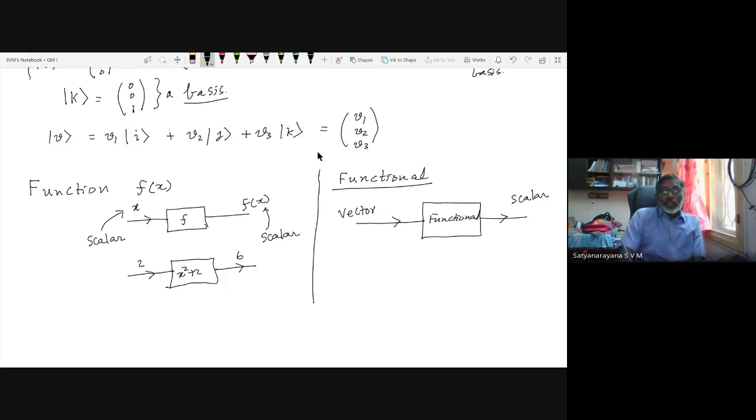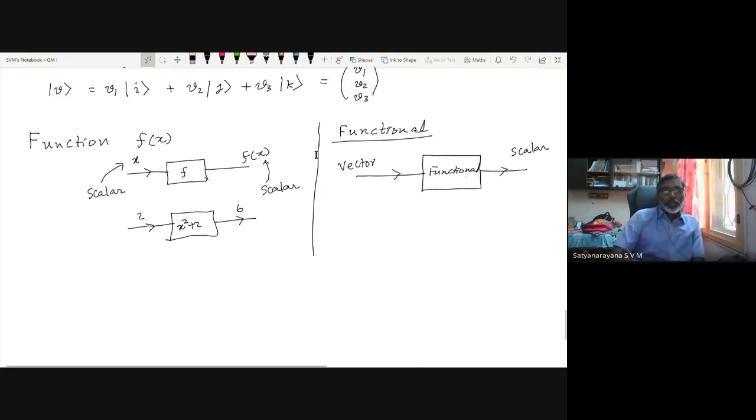Now let me define this. Suppose I have a vector v that goes inside.